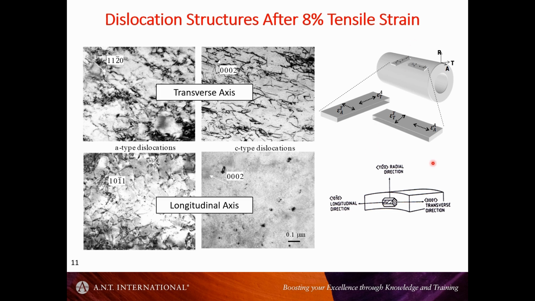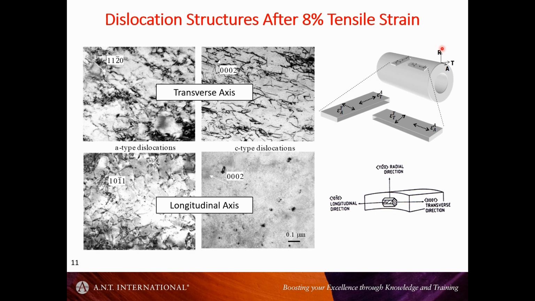Carrying on with zirconium alloys, I mentioned there are two types of dislocations. I also mentioned I worked in the Canadian nuclear industry, where we deal with zirconium-niobium tubing a lot, whether pressure tubes or calandria tubes.